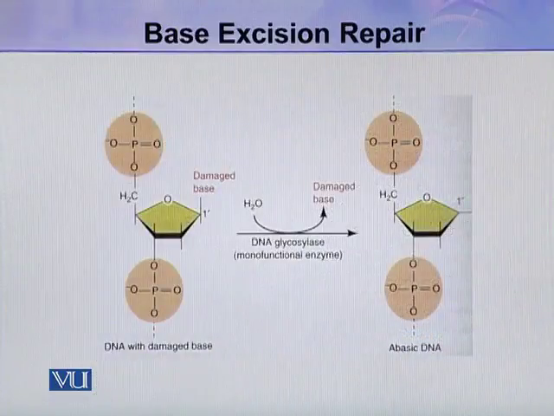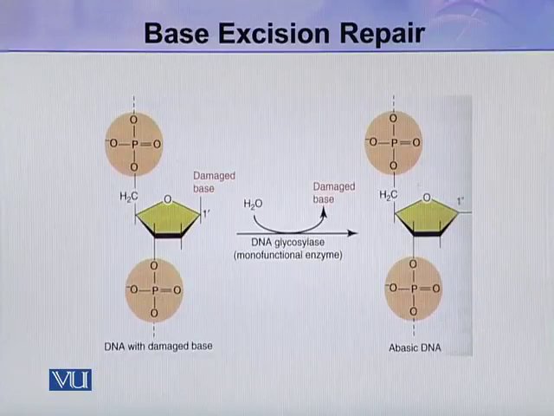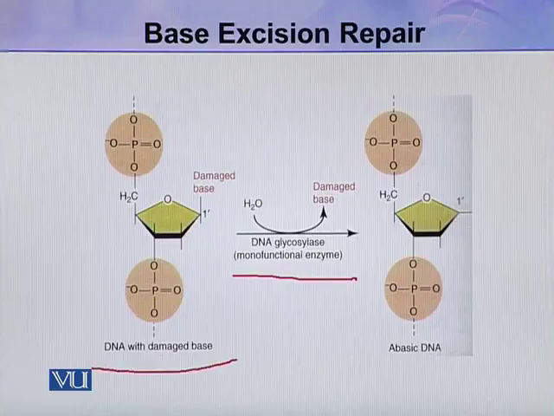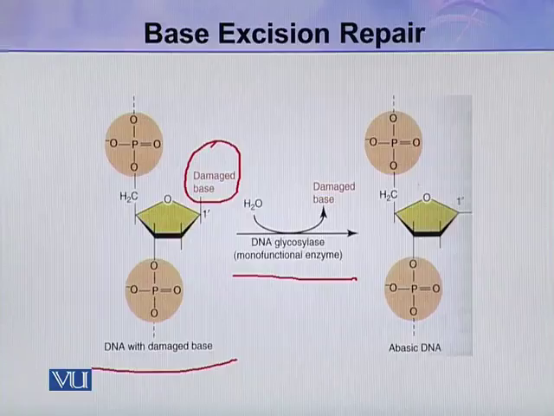So here you can see the reaction catalyzed by DNA glycosylase, which is a monofunctional enzyme. This is a DNA with a damaged base. The damaged base is linked with the sugar through this glycosyl bond.